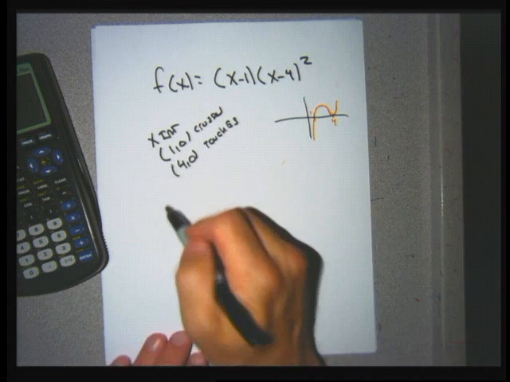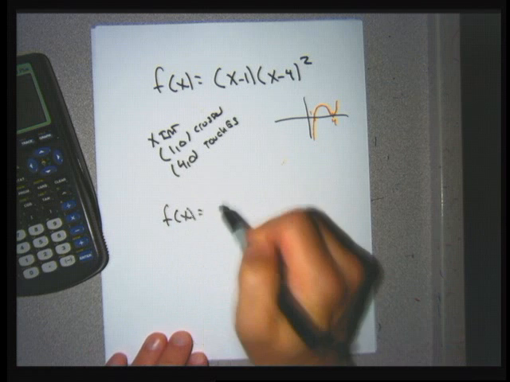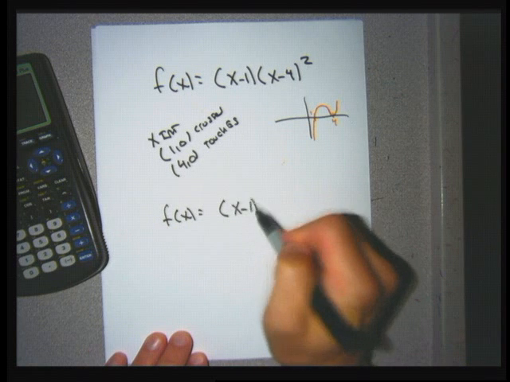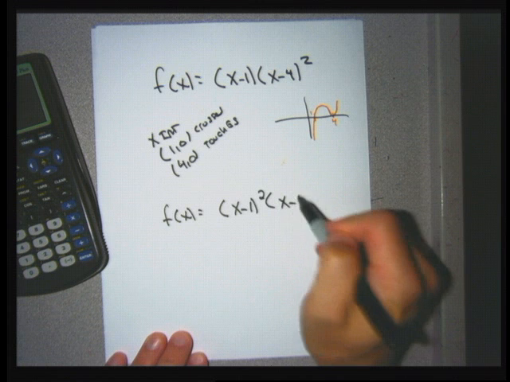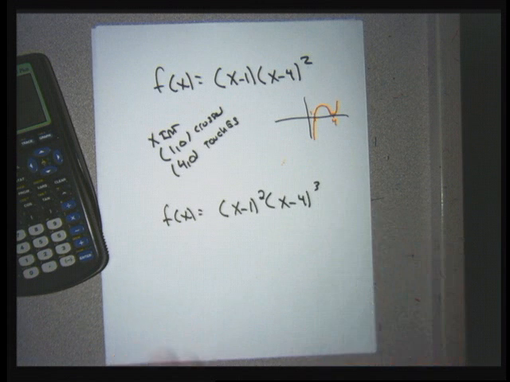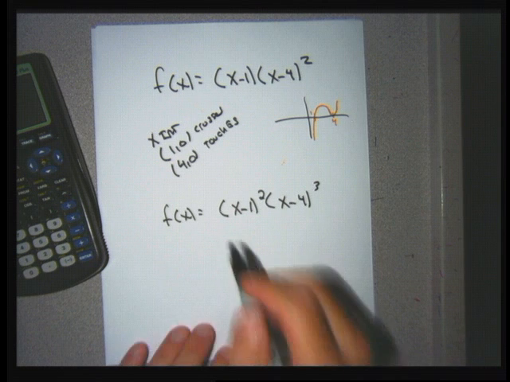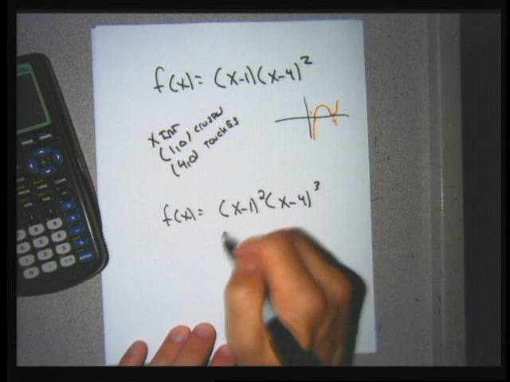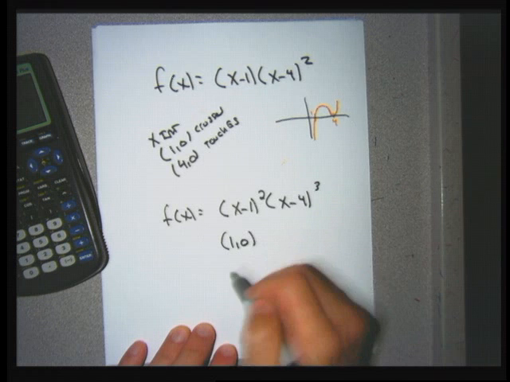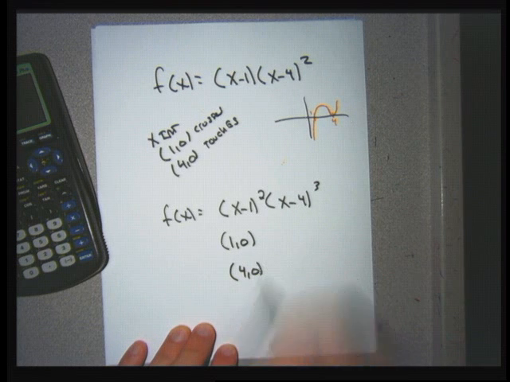As a matter of fact, if I do this, f of x equals x minus 1 squared times x minus 4 cubed, I can predict what the x-intercepts are and whether the graph is going to touch or cross the x-axis. So this graph, whenever I get to this function, it's also going to have x-intercepts at 1, 0, and 4, 0.